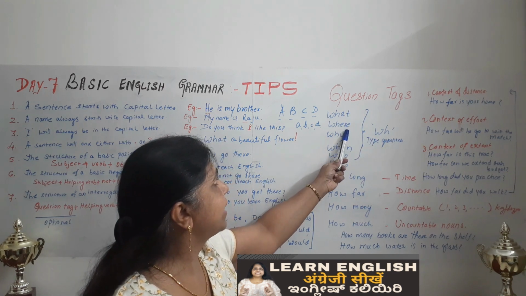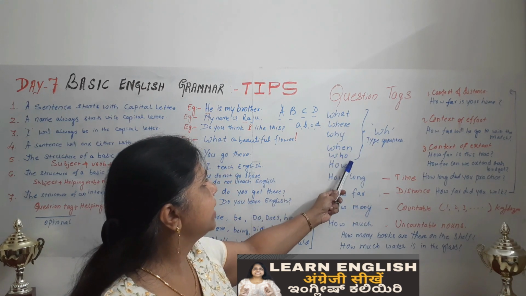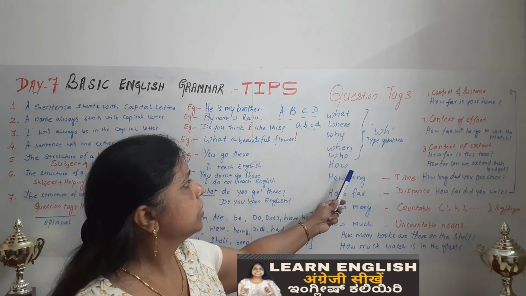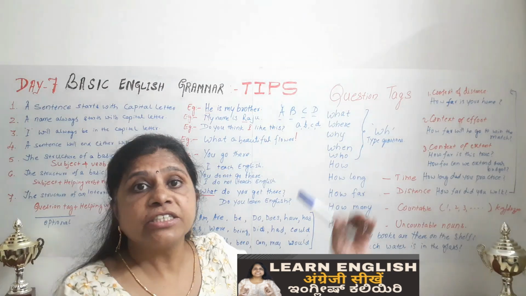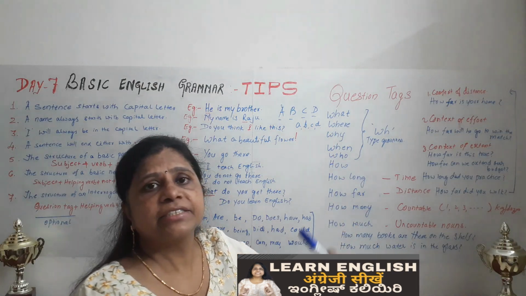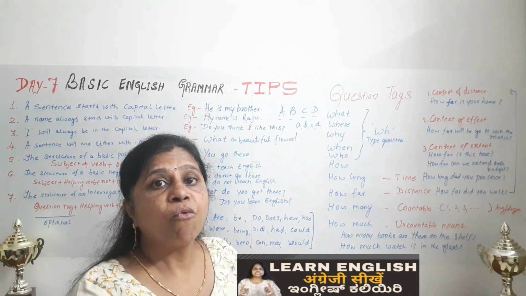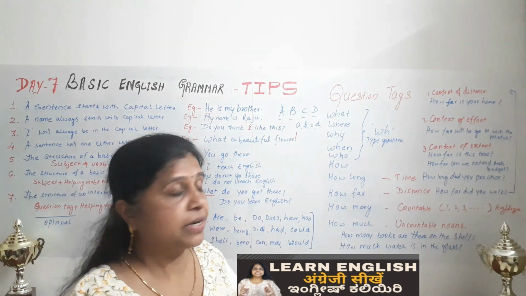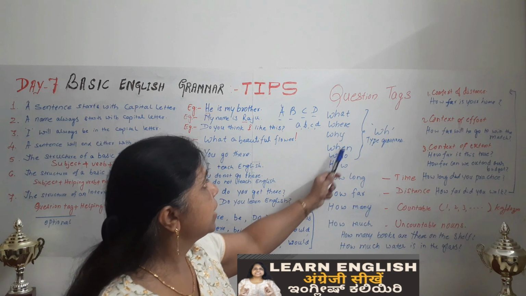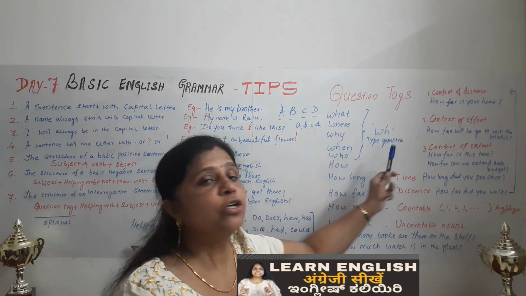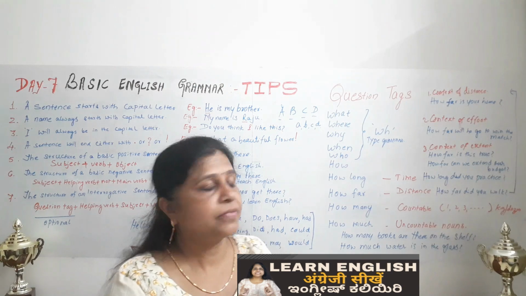What, where, why, when, who, how long, how far, how many, how much. These are all question tags we use while forming a question. What, where, why, when, who are all called WH type questions.